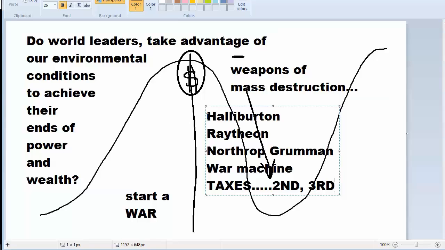How are we going to build $40,000 bathrooms in Kuwait? How are we going to build garages in Afghanistan with no doors if we don't have more taxes? Right? Again, I'm sure I spelled these wrong. I'm just going by memory.